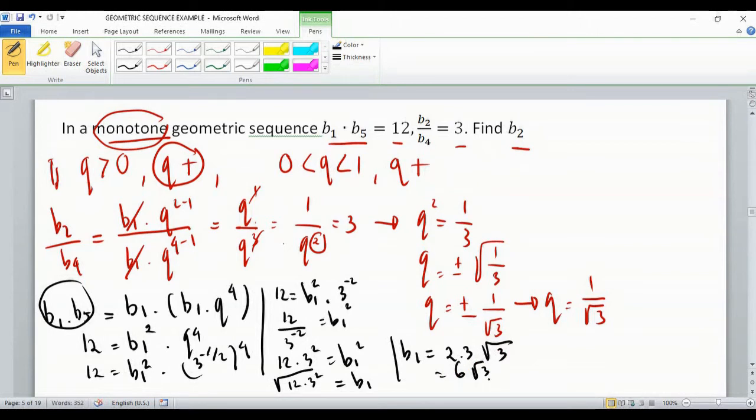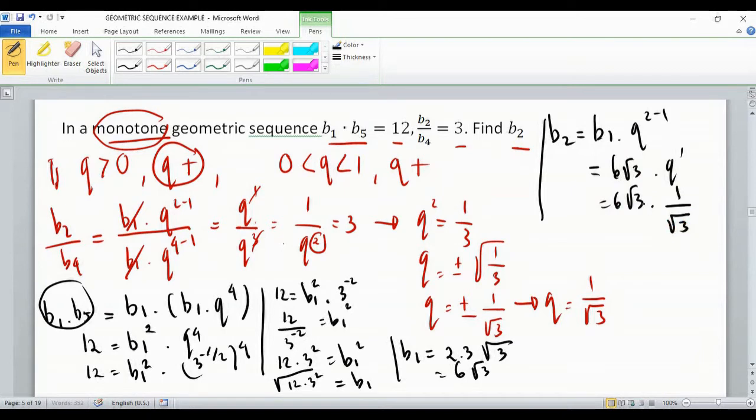We have 6 root 3 because they're talking about the second term. The second term is the first term times k power 2 minus 1. The first term, I mean 6 square root of 3, times 1 over square root of 3, we cancel each other. So we get the second term is 6, everyone.